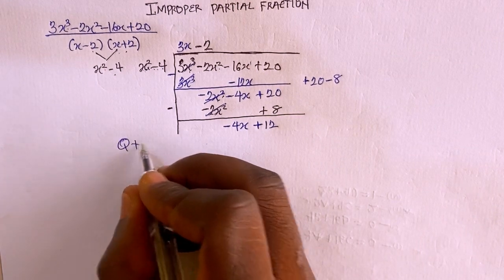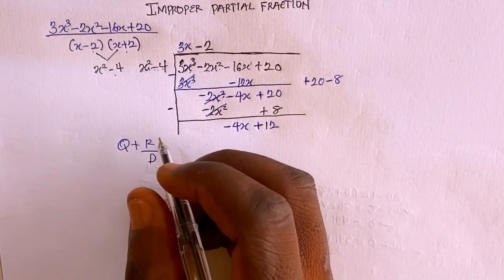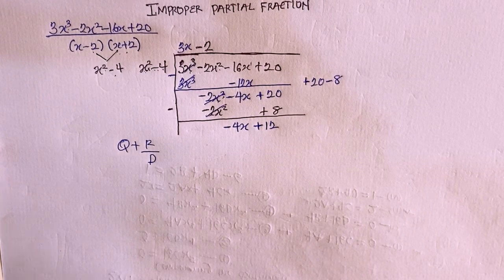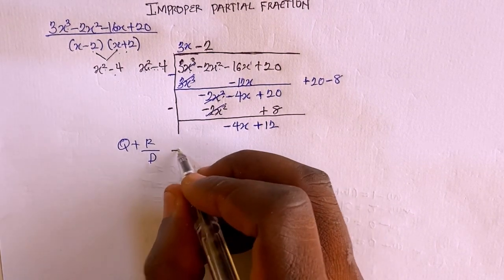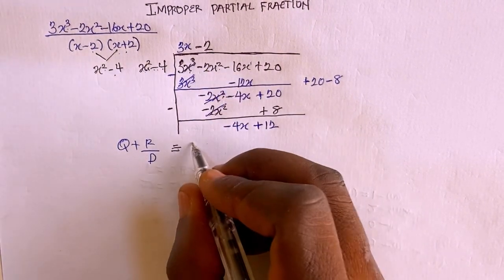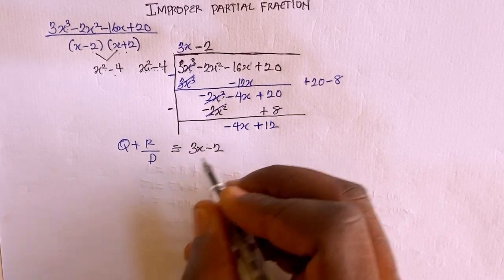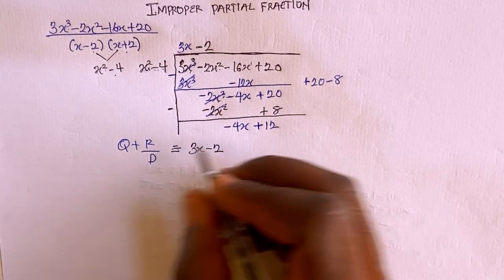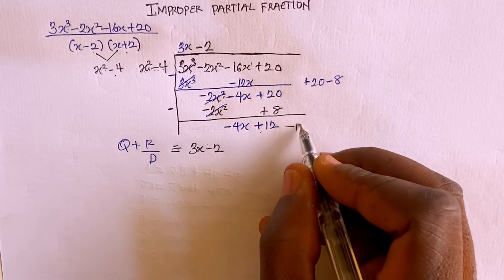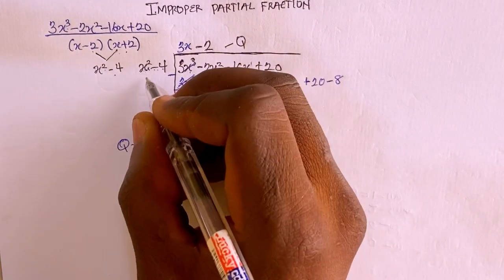After that, I'm going to use an expression which is q plus r over d. So using q plus r over d, my q is known as the quotient, and the quotient is going to be this, which is 3x minus 2, then plus the remainder. The remainder is what is left here. This is my r, this is my q, and this is my divisor, which is d.